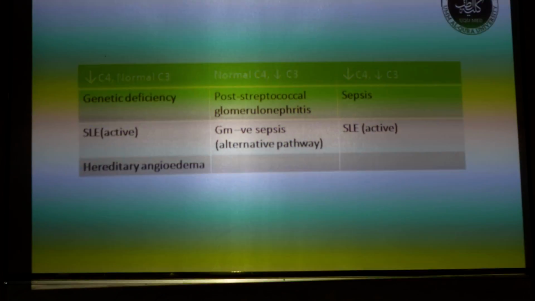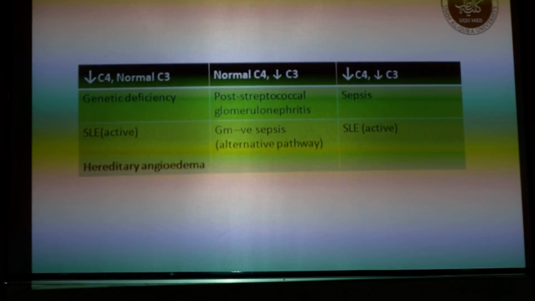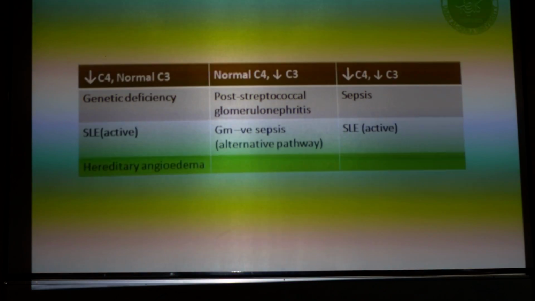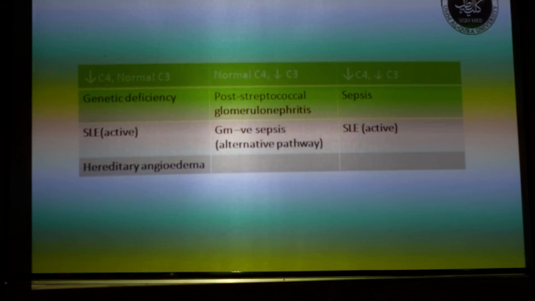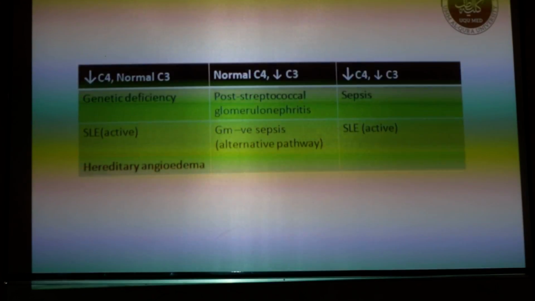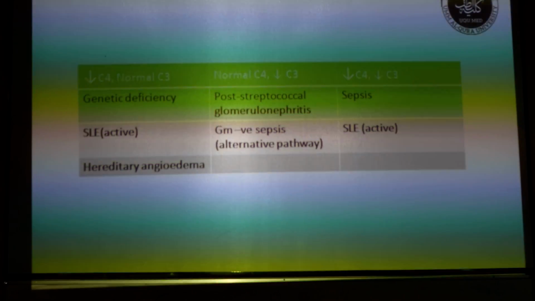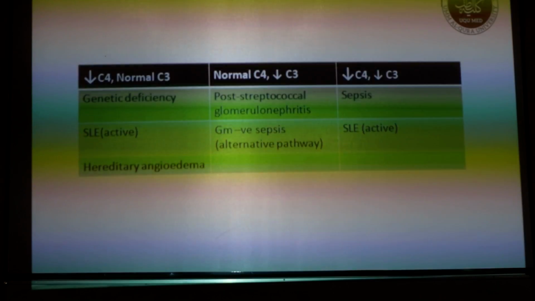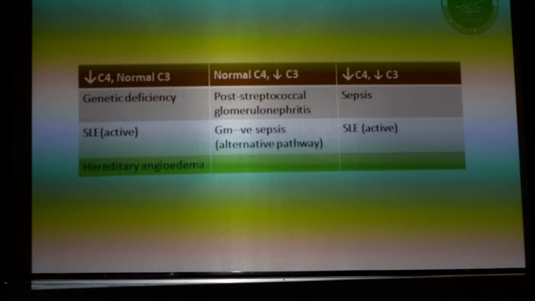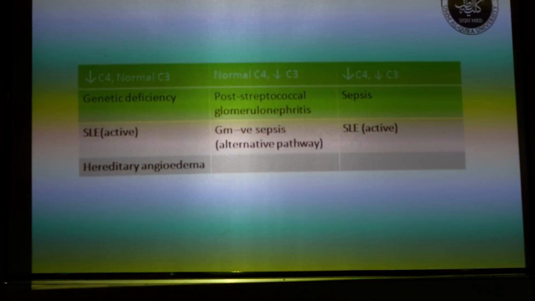Which pathway first? Alternative, because here C4 is not involved at all. It starts with C3, B and C5 convertase and so on and so forth. So if this is the reason, which could be the bacteria that activates the alternate pathway?